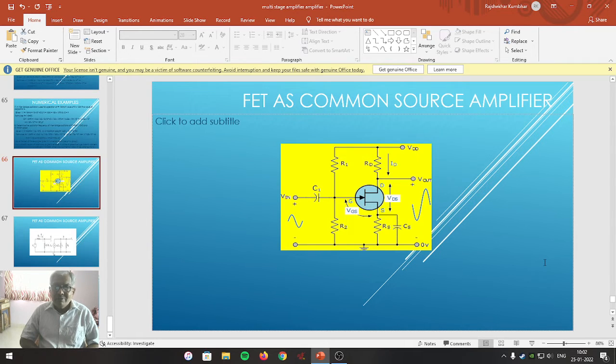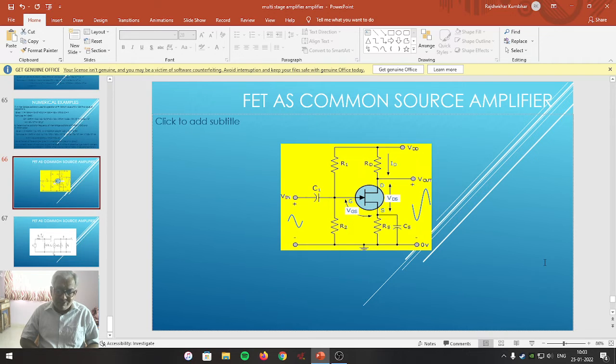Friends, here we are going to study how FET is used as a common source amplifier. Dear students, please remember that we have studied up till now different types of amplifier circuitries. We studied BJT as an amplifier in different configurations: common emitter configuration, common base configuration, common collector configuration.